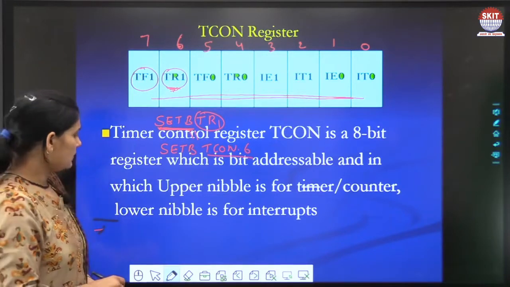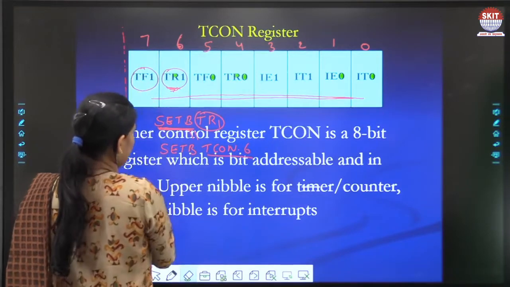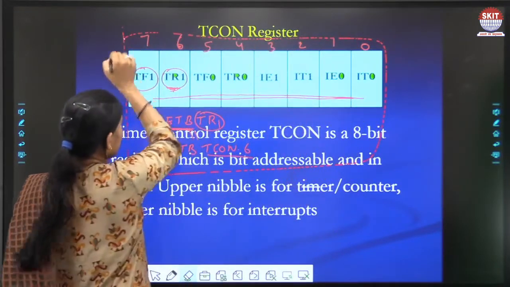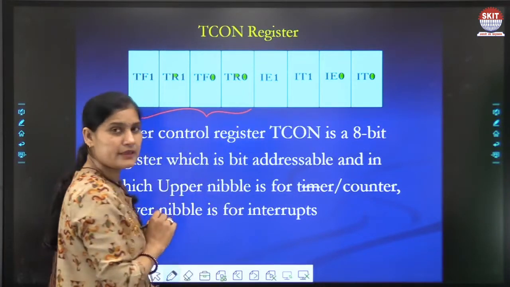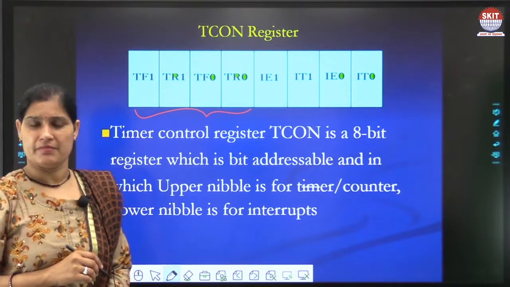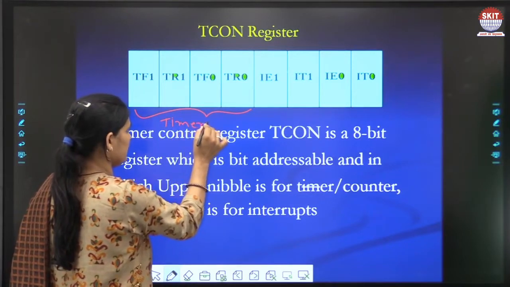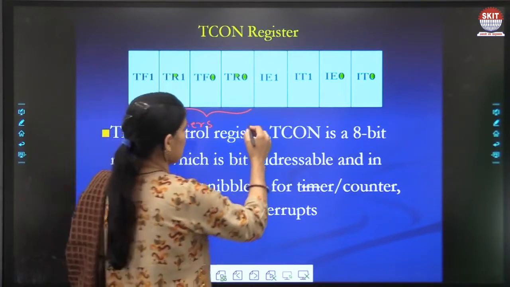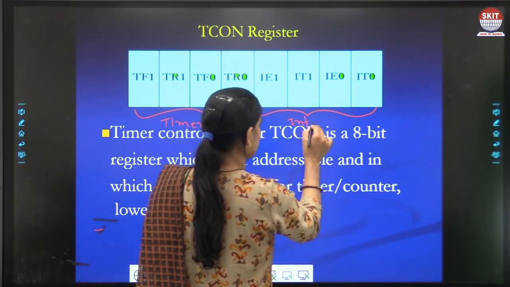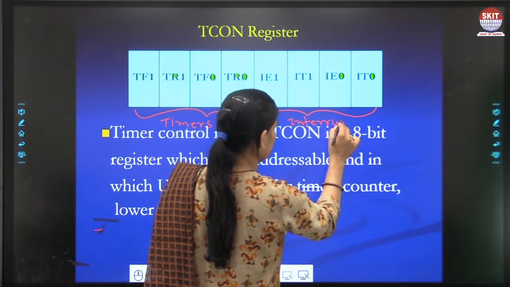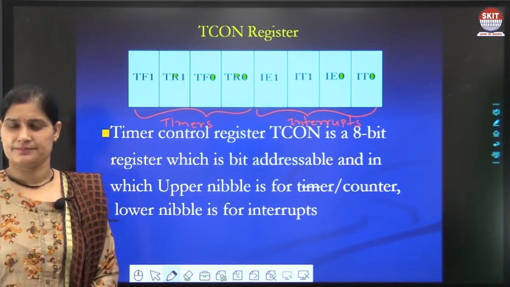So here are the 8 bits of the TCON register, and from these 8 bits, the upper 4 bits are associated with timers, okay, and the 4 lower bits are associated with interrupts, okay.